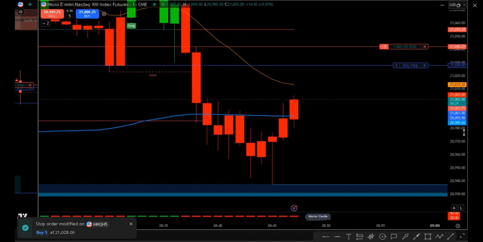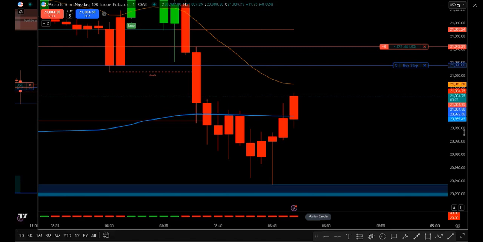As you can see, price is still below the 50 moving average. If we were to get a break above here, then I would be okay with getting out of this trade. However, if we stay below here, then I'm just fine with remaining in this position.